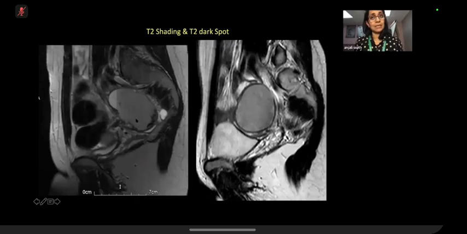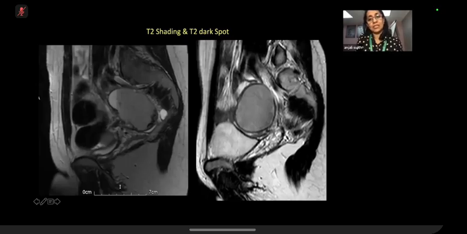T2 shading heavily depends on the amount of protein and iron content within the endometrioma because of repeated cyclical bleeding. It can have various appearances. It can appear as a fluid level, as a homogeneous low signal lesion, or as a gradient loss of signal.